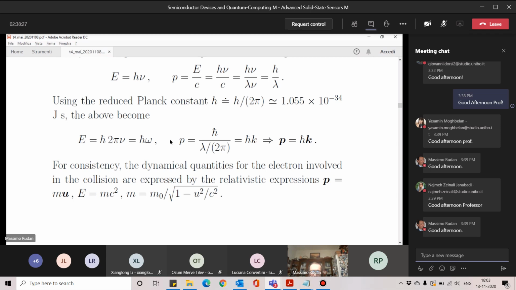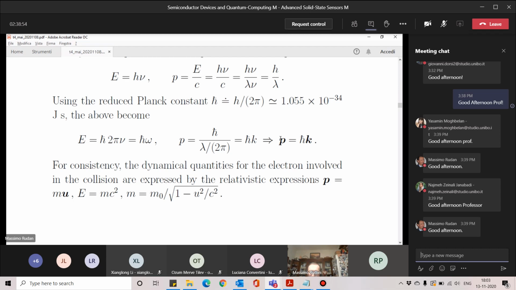And similarly, for momentum, we remember that momentum is given by h over lambda. h can be written as h bar 2 pi. And 2 pi over lambda is the modulus of k, the wave vector. And this can easily be transformed into a vector relation.